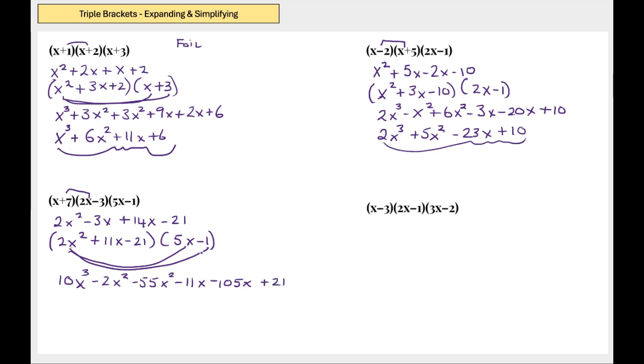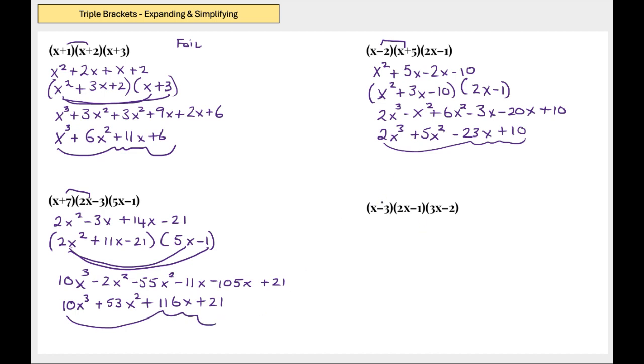Same again, minus and minus. When you times it out, it's a plus. Be careful with that. So now we're going to pop them all together. Biggest indices at the front. It's 53x squared plus 11, 116x. And we have plus 21.